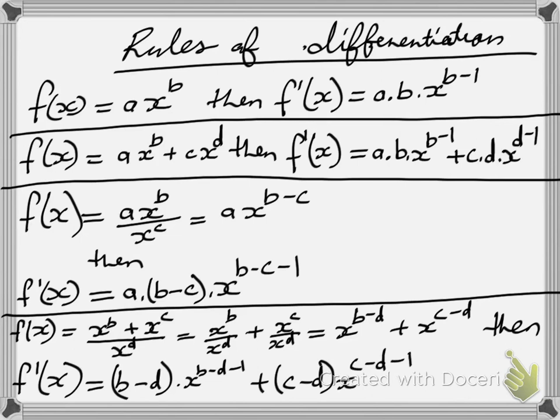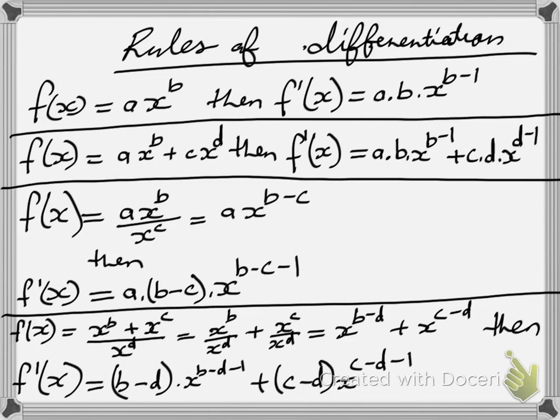So you can see from what we have done so far, when we differentiate, the simple rule is that we multiply by the exponent and we reduce the exponent by 1. Can I repeat again? The rule for differentiating is we multiply the whole term by the exponent and then we reduce the exponent by 1.